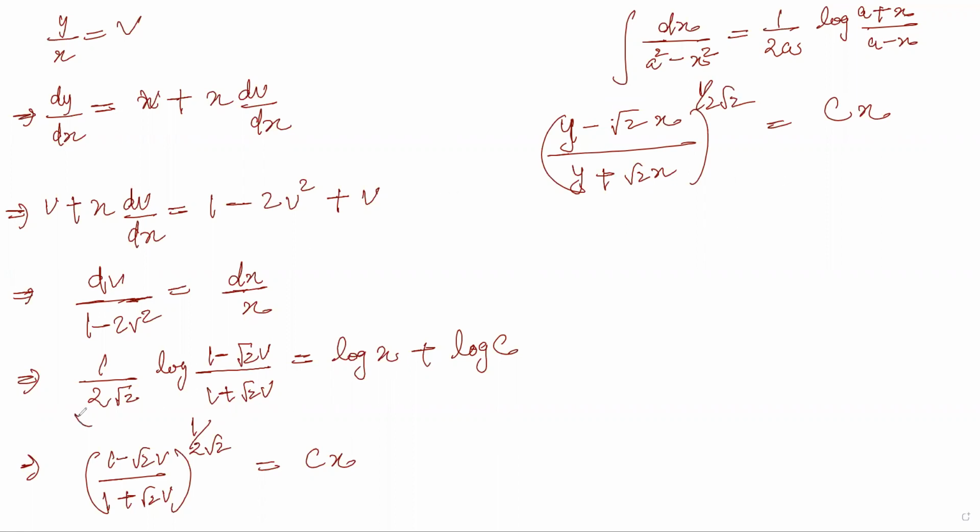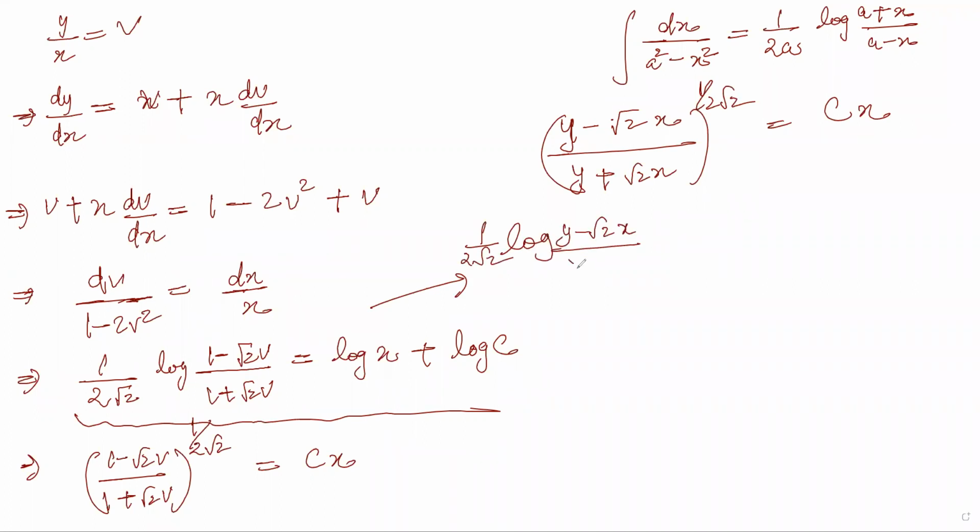This is also the correct form. I can write this as 1 by 2 root 2 log of y minus root 2x divided by y plus root 2x is equal to log of cx.